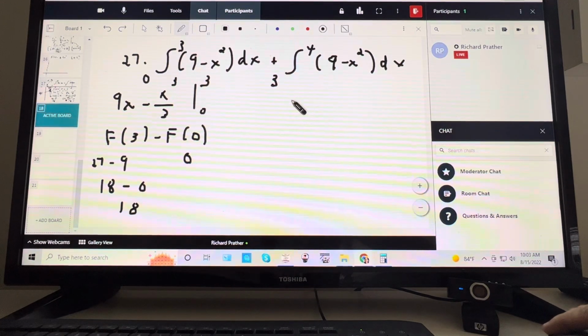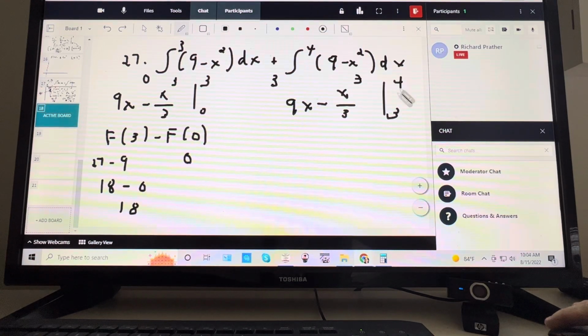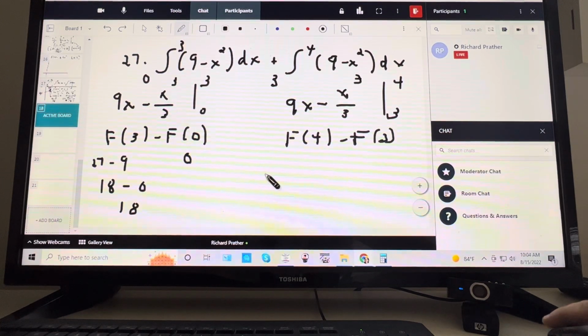So same antiderivative. The reason that antiderivative is the same is I didn't change anything about these two. But in the area between two curves, you do change these two. So that's why here I can do big F of 4 minus big F of 3. And I don't have to recalculate big F of 3, it's 18. It's just going to turn out to be minus that.